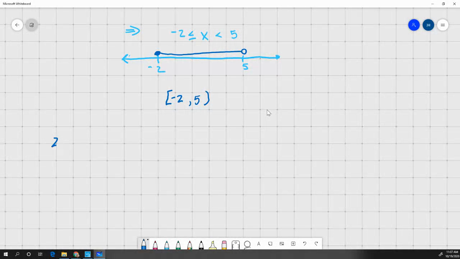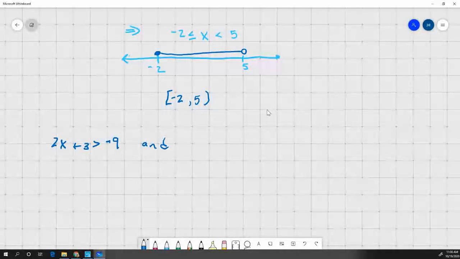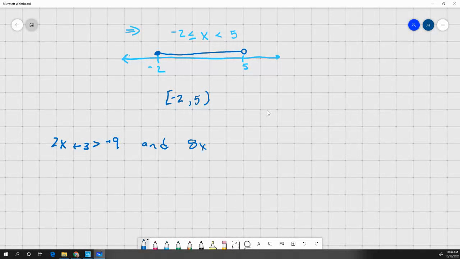So here, if I have 2x plus 3 is greater than -9 and 8x minus 2 is less than 30. Now, I can solve these on their own and figure out what my x's are, right? Before I make my compound equation.